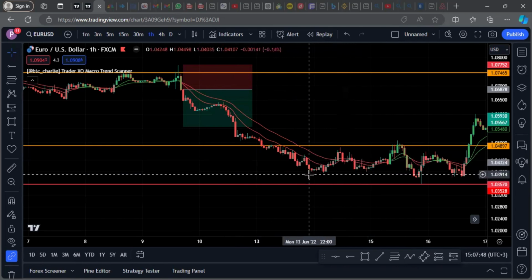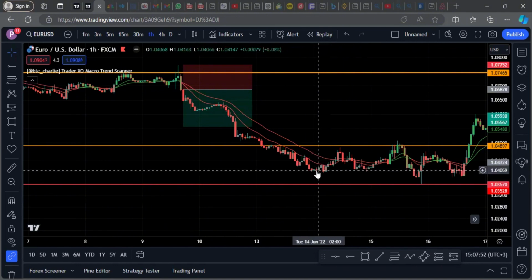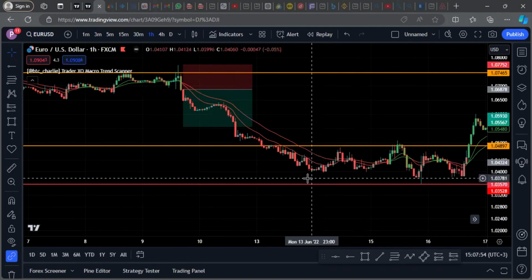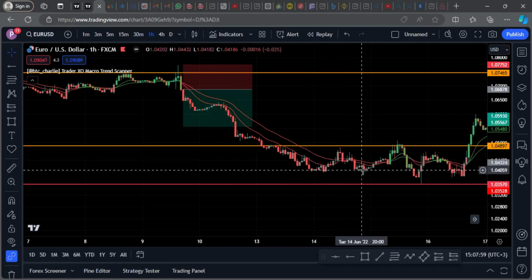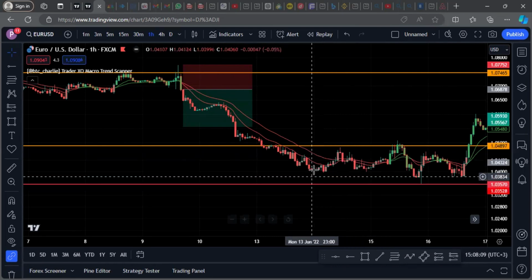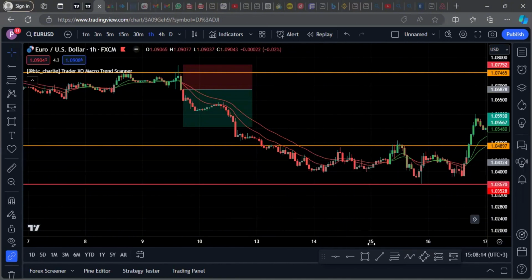But the moment you see the price forming very small candlesticks, just moving up and down, like, I don't know what is happening, exit, get out, because it's forming small candlesticks. Just exit the trade.